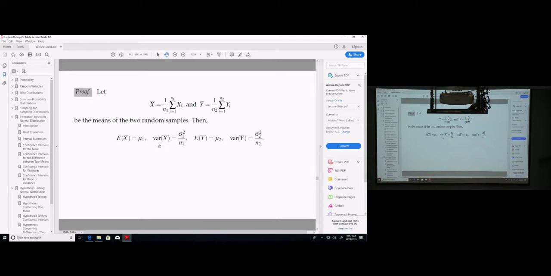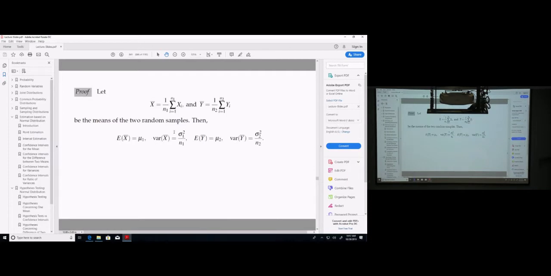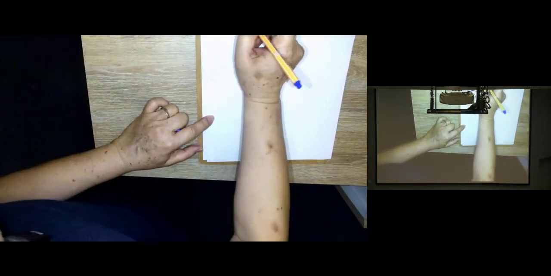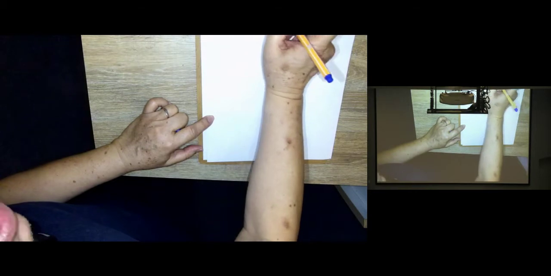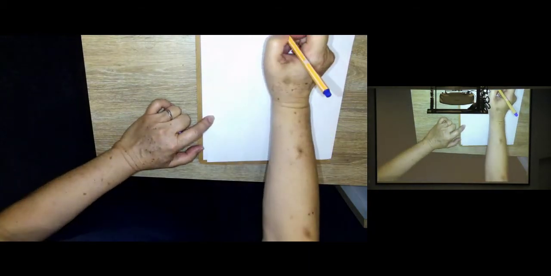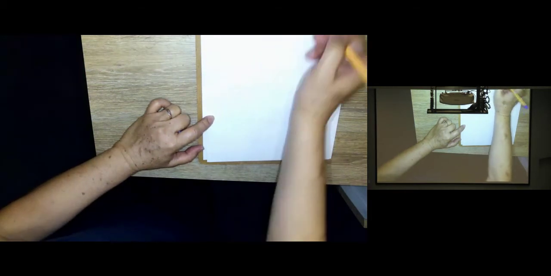All right. Now, let's see. This proof, let me provide a little bit more detail. So the X bar is equal to 1 over n1 times the summation for i from 1 to n1 of xi.